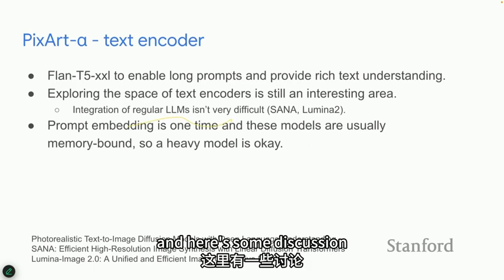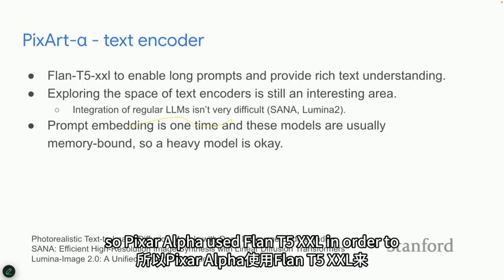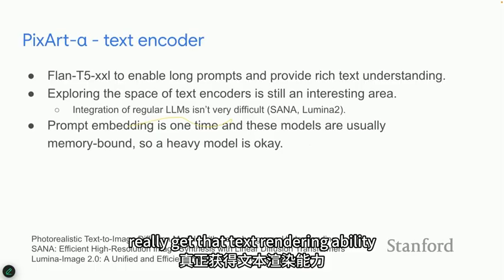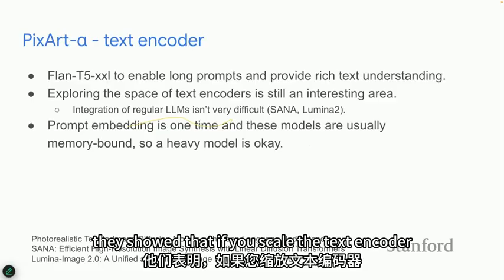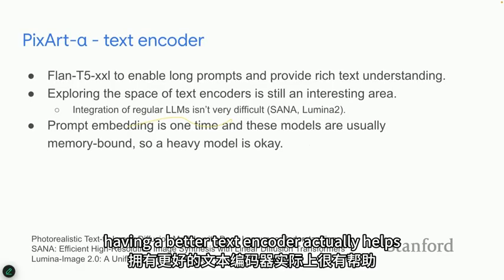And here's some discussion around the use of text encoder. So Pixart Alpha used FLAN T5XXL in order to really get that text rendering ability. And some of the concurrent works like Imagen, they showed that if you scale the text encoder, and if you ever wanted to render text in your images, having a better text encoder actually helps.